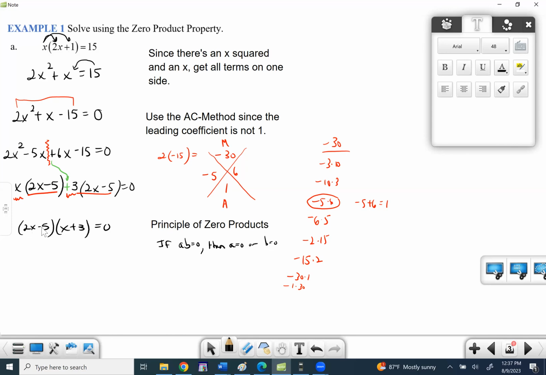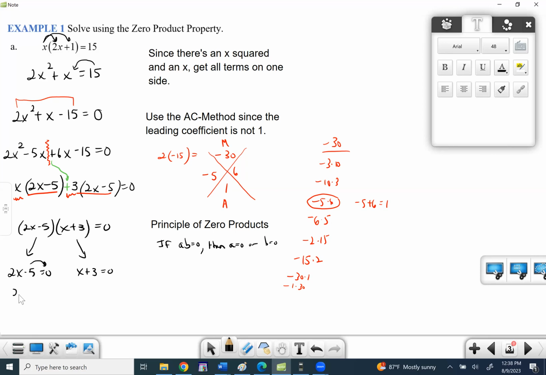If you look over here, we have something times something and it equals 0. So then either this first thing, 2x minus 5 equals 0, or this second one, x plus 3 equals 0. And then you're just going to solve those.